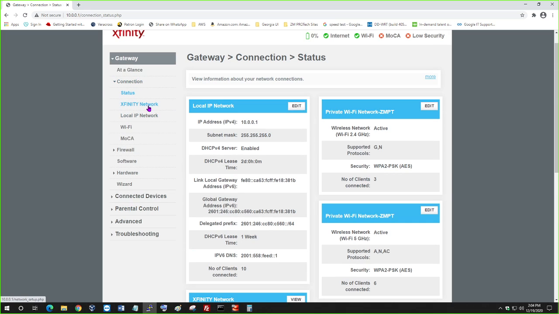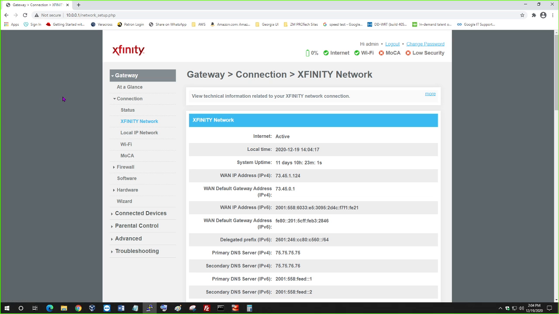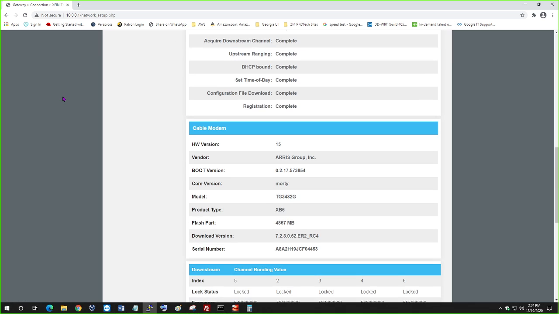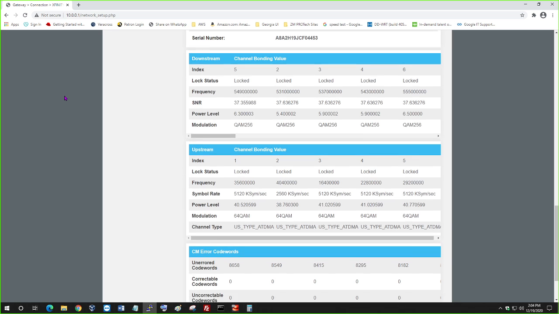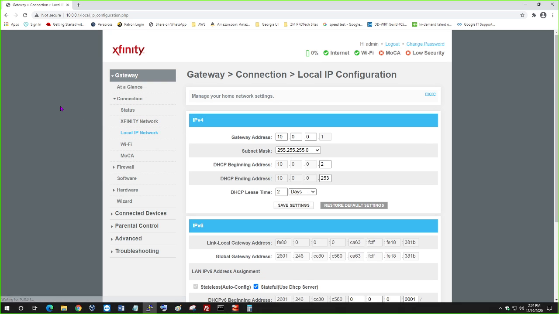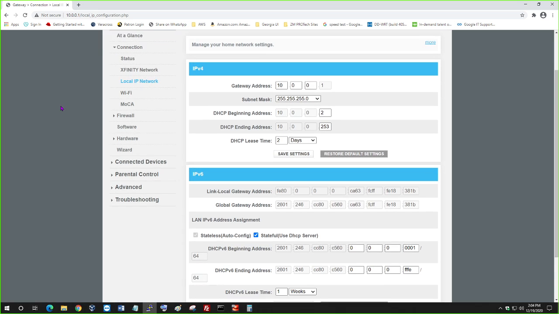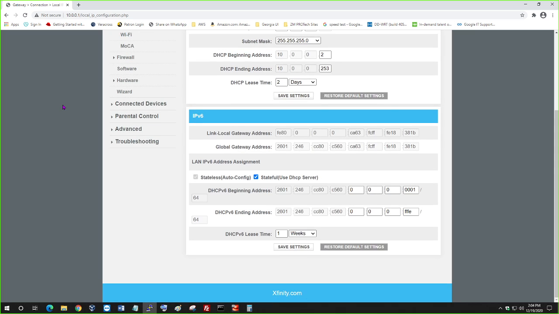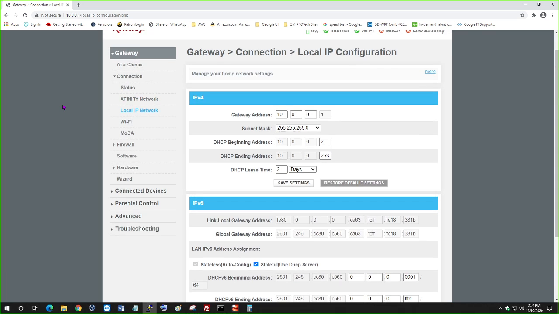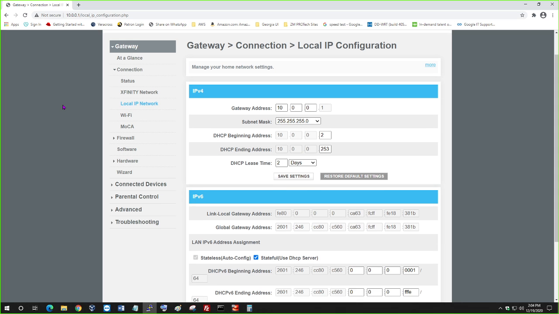Let's see, Xfinity network. It is not showing. 10.0.0.2, right?